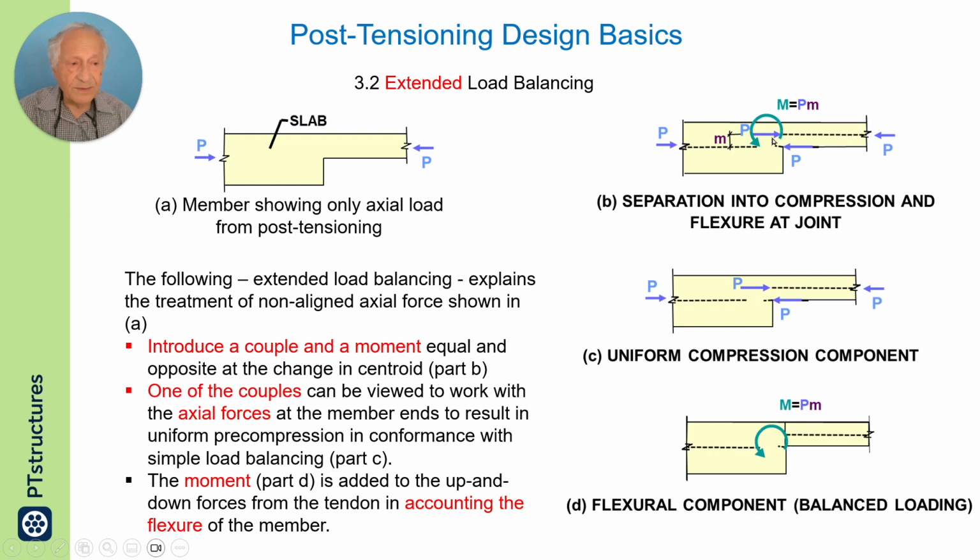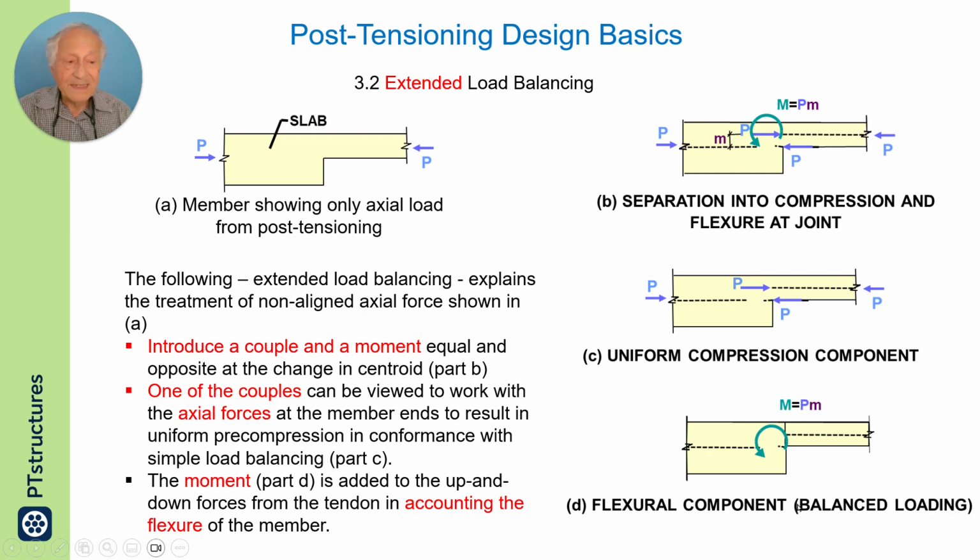One of the couples is considered to act with the centroidal forces at the ends and result in a uniform precompression, and the other couple, which causes bending, is added to the bending effects.